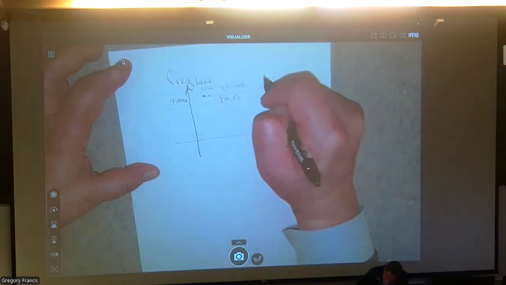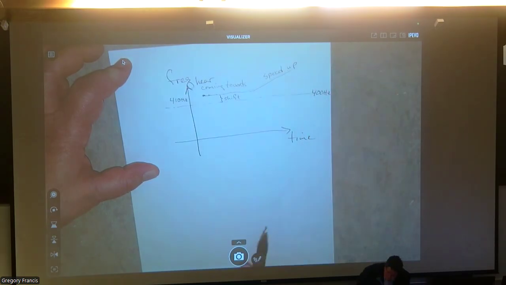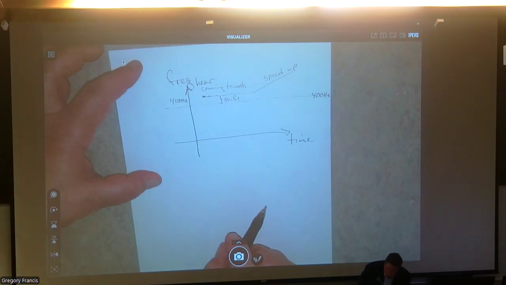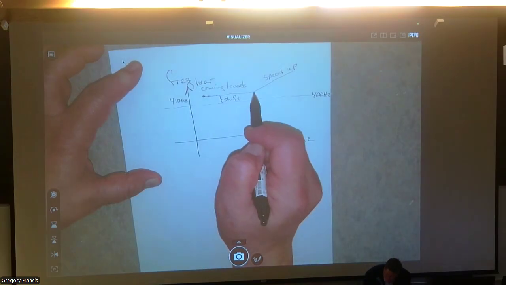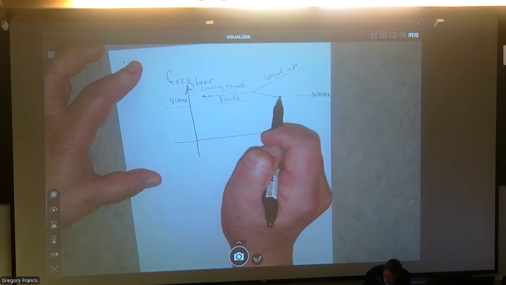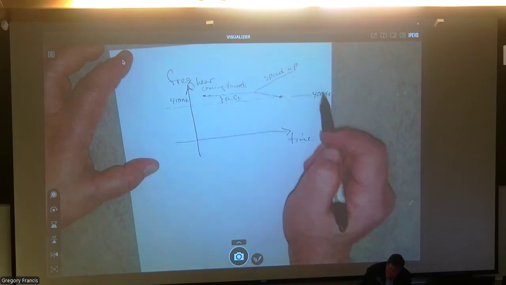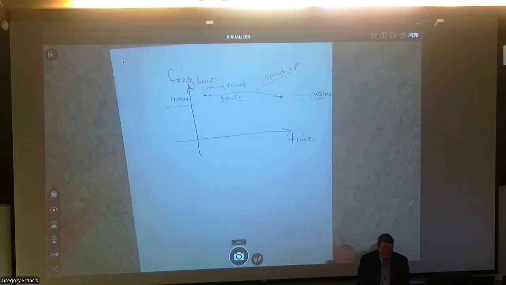So that's speeding up. If that car coming towards you is slowing down to a stop, the shift is going to get smaller. And when it stops, you hear the same frequency that the car siren is making.